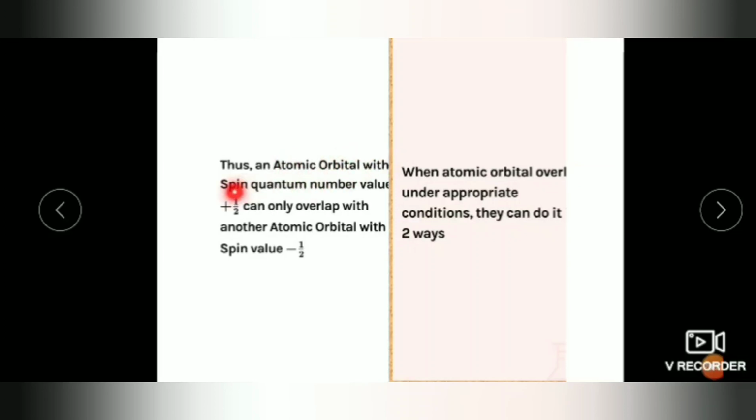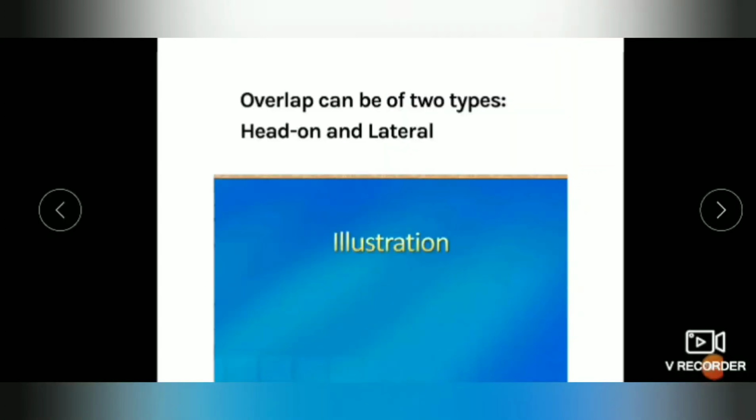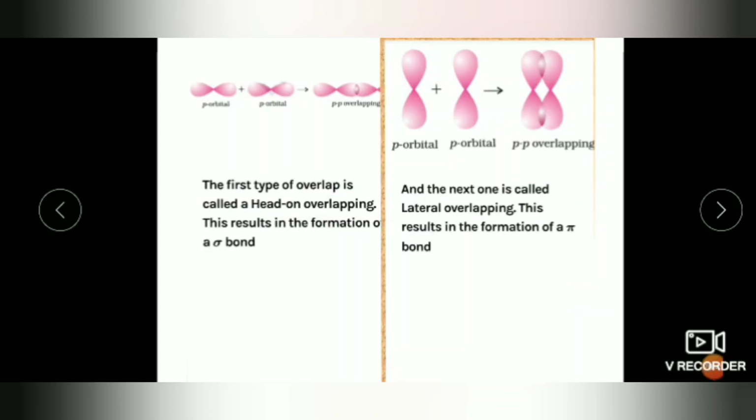If a covalent bond exists, each of the two atomic orbitals must contain an unpaired electron. An atomic orbital having positive spin will overlap with another atomic orbital having negative spin. This is illustrated in two forms. Overlapping has two types: head-on overlap and lateral overlap.